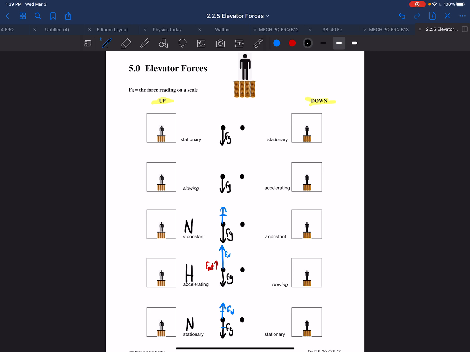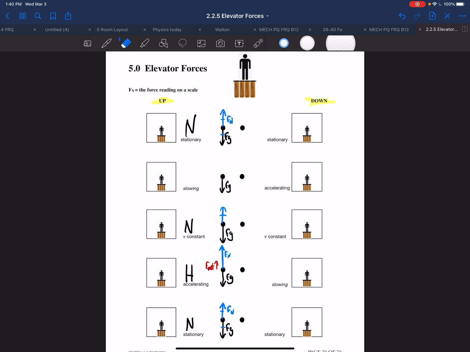When we consider the person all the way at the top stationary, we can see also again, since there is no acceleration, the force normal and the force of gravity will be equal and opposite to each other. And again, the scale will read normal. So what happens when it is slowing down? So if we look at our scale at the top again, we have the elevator and the person moving at the same speed.